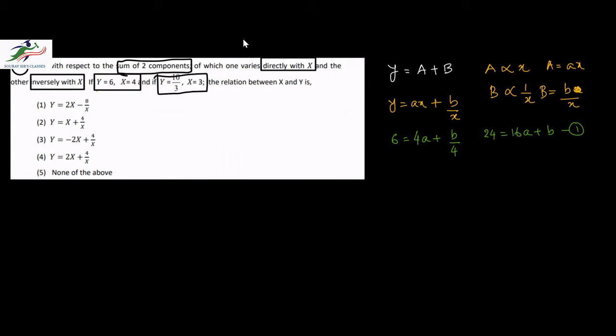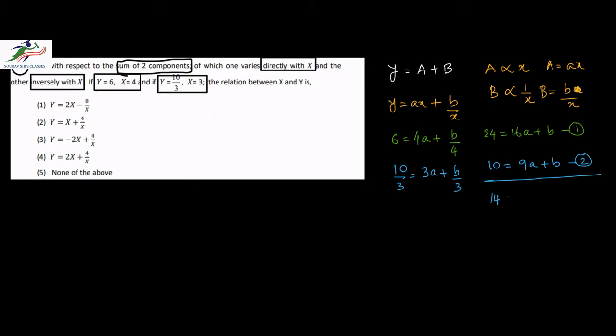And then we are also given that if y is equal to 10 by 3, x is equal to 3. So 10 by 3 is equal to 3a plus b by 3. Again, we multiply both sides by 3. We get 10 is equal to 9a plus b.